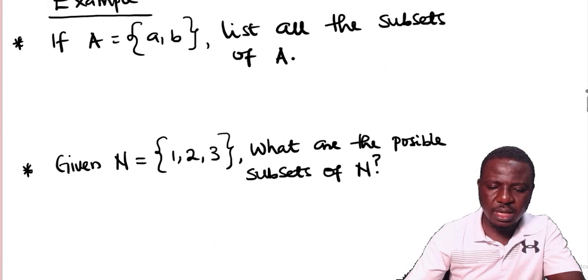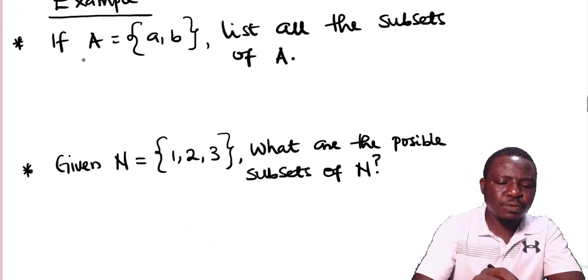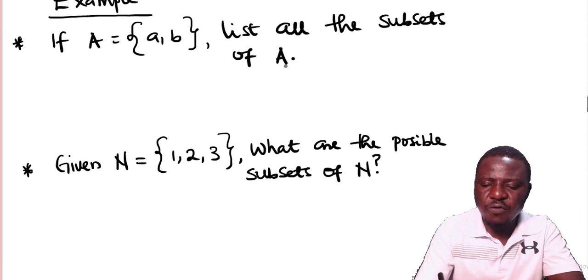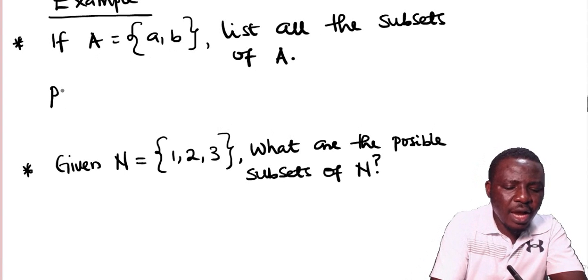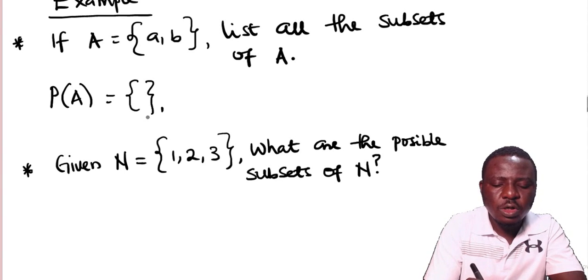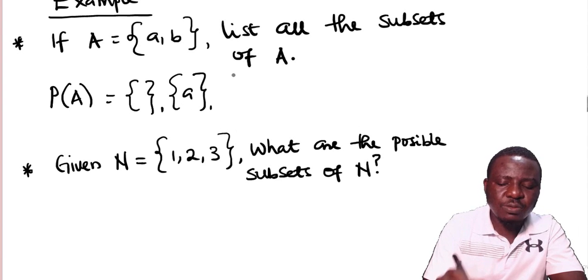We look at power set. Power set is the number of possible subsets in a set. Example: if A is equal to A, B, list all the subsets of A. All the subsets of A, we refer to as the power set of A. We represent it using P of A. This is equal to, remember I told you that an empty set is a subset of all sets, and we also have set A as a subset.